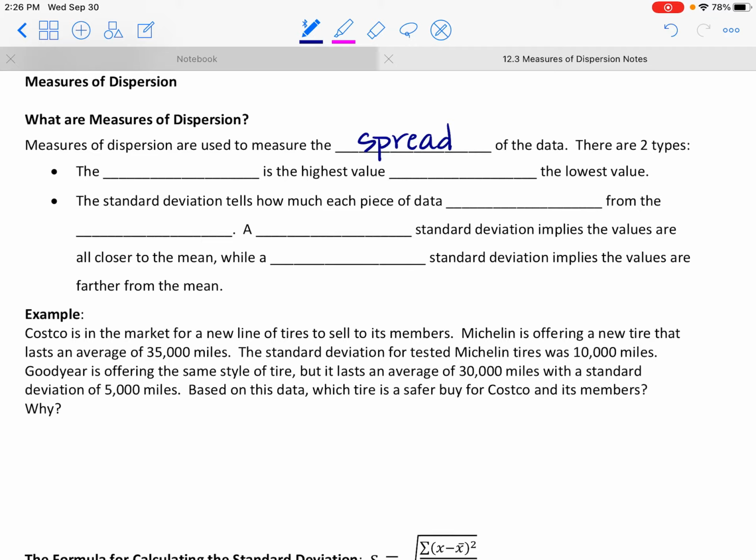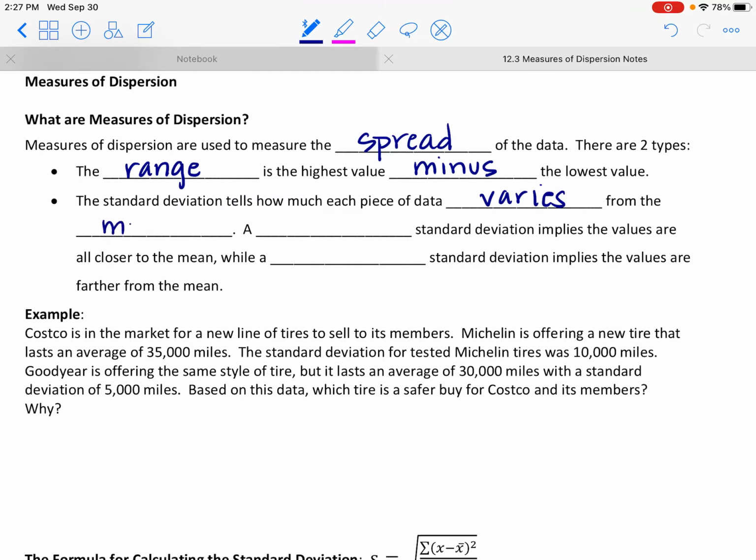So there are two types. There's, again, the range, and the range is just a simple highest value minus the lowest value. We just subtract those and see that there's a 1,000-mile difference or a 25-mile difference, okay? And then there's one called the standard deviation. The standard deviation is telling you how much each piece of data varies from the mean.